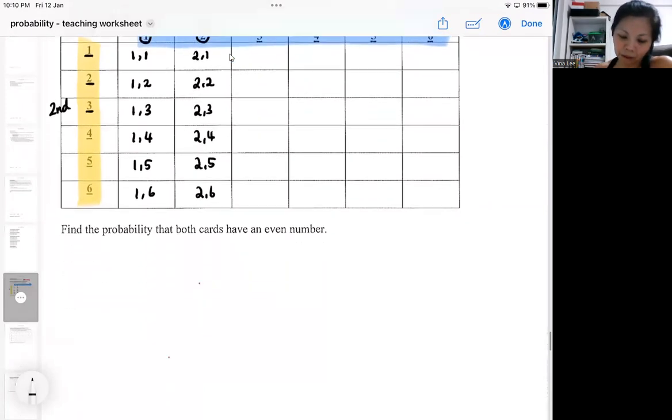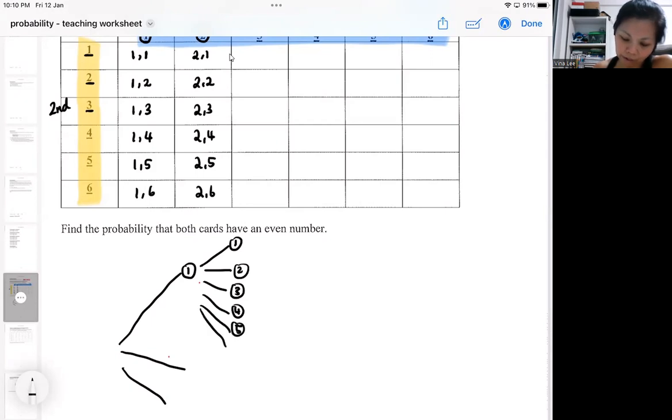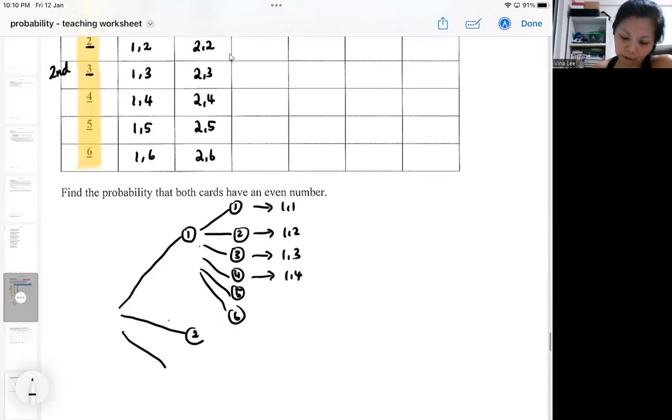Basically I'm doing what a tree diagram would do. For example, if the first card is a 1, I get 1, 2, 3, 4, 5, 6. So the outcome will be 1, 1. The outcome will be 1, 2. The outcome can be 1, 3. The outcome can be 1, 4. So I'm actually doing whatever a tree diagram can do as well.